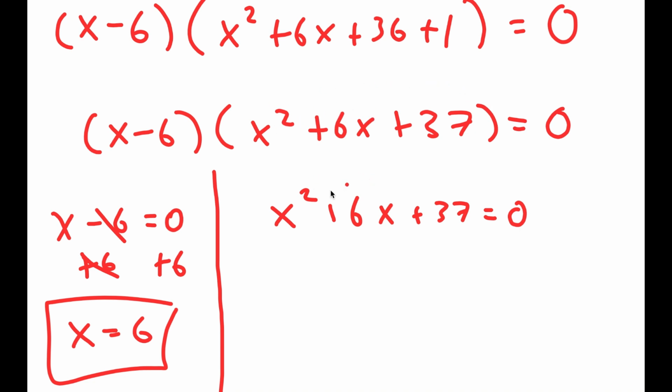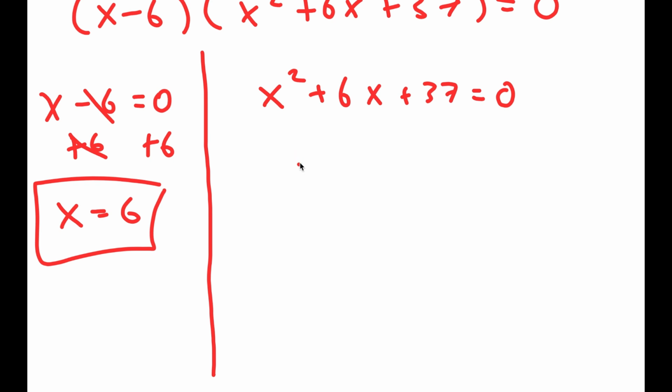If whatever this value turns 0, then I can multiply that value with this value, which automatically equals 0, and the whole thing equals 0. So x equals 6 is a solution to this, and now I need to find the values of x which make x squared plus 6x plus 37 equal to 0.